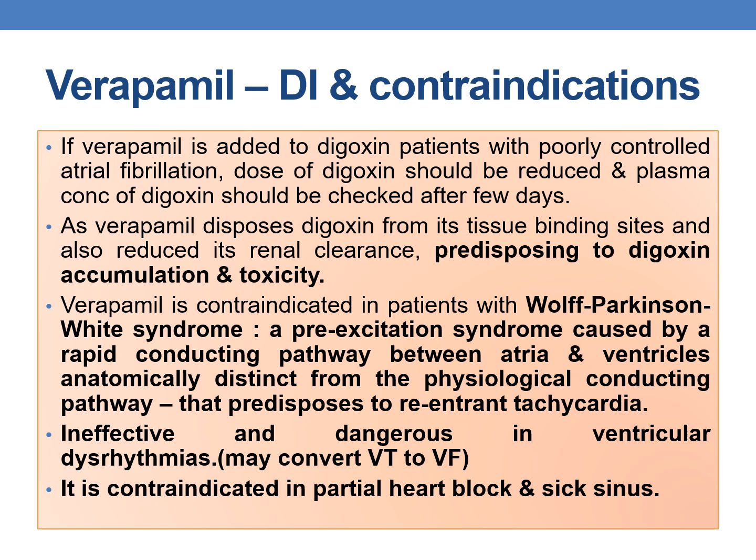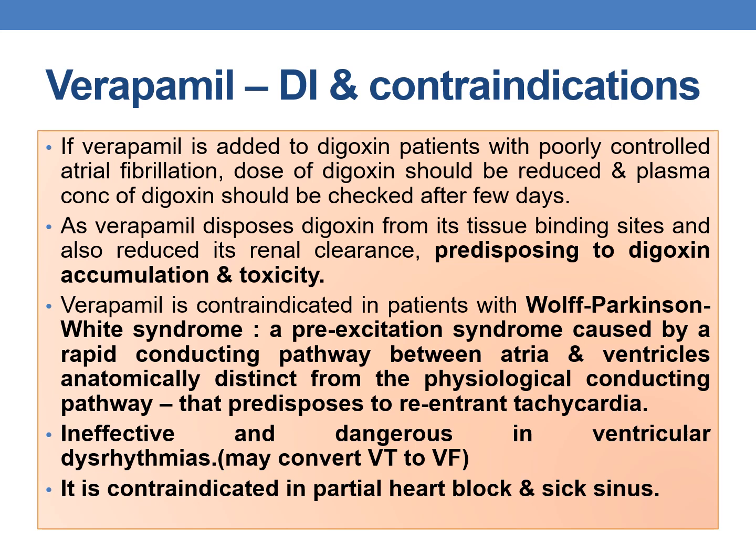Verapamil is contraindicated in patients with Wolff-Parkinson-White syndrome, which is a pre-excitation syndrome caused by a rapid conducting pathway between atria and ventricles, anatomically distinct from the physiological conducting pathway. This WPW syndrome predisposes to reentrant tachycardia, and verapamil is contraindicated in it.